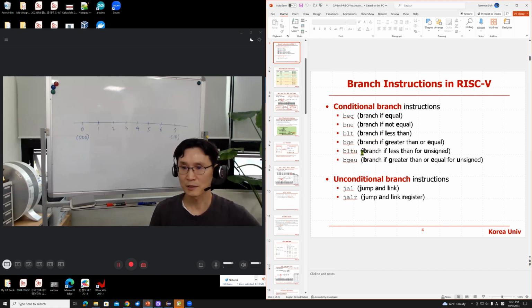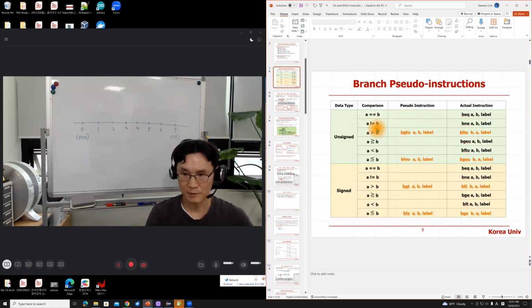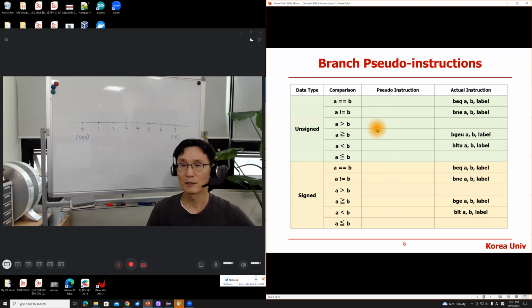Using these 6 branch instructions, you can compare unsigned numbers and signed numbers. And there are 6 different conditions you probably want to check in high-level code. So in total, these 12 conditions can be checked with these 6 instructions.